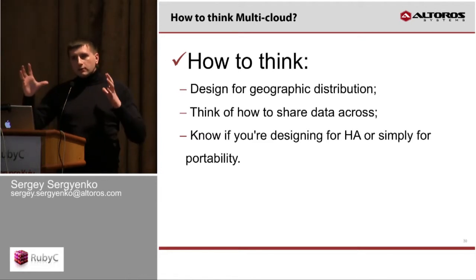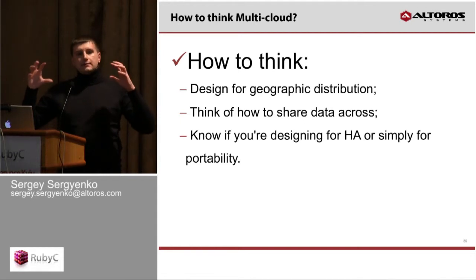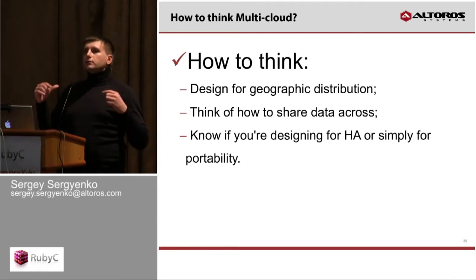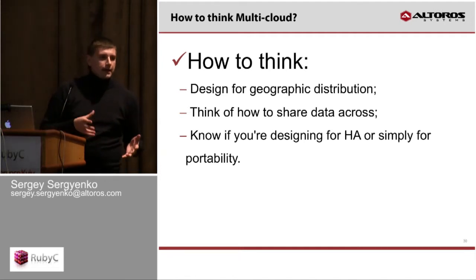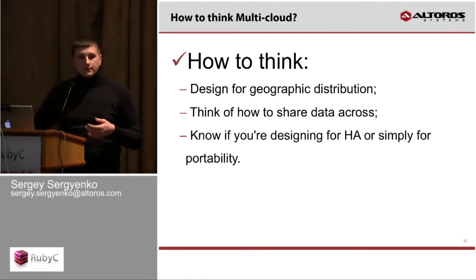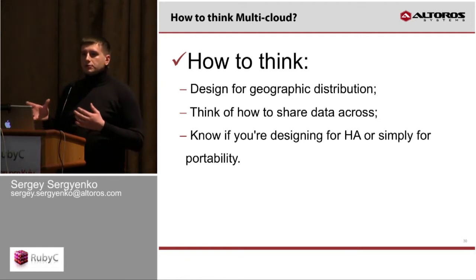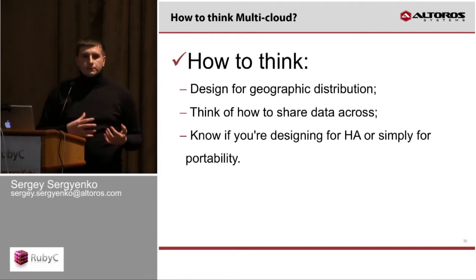We have to think about dispersion, because different clouds are really isolated. And we have to care only about a very high level of abstraction. For example, if we have an application that can create backups, we need to back up our database. If we're using Amazon, we can store our backups in an EBS snapshot. We create our dump and put it on a snapshot.